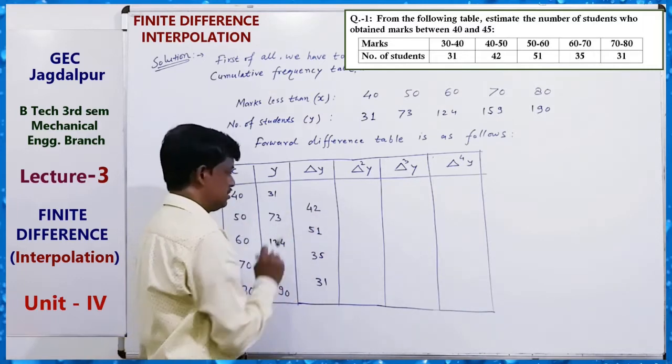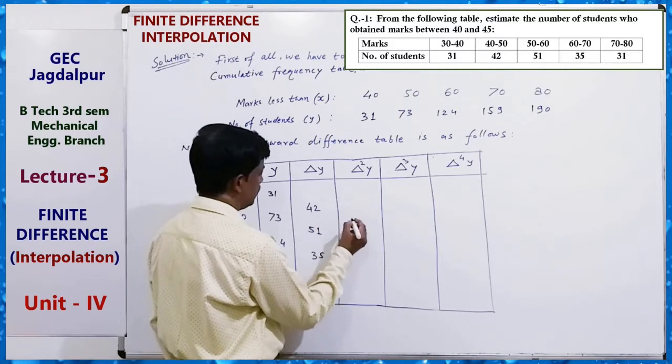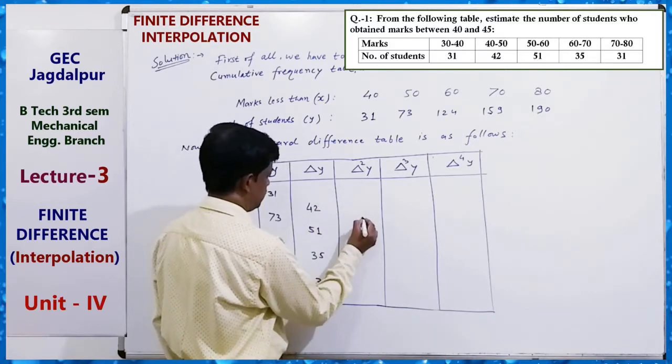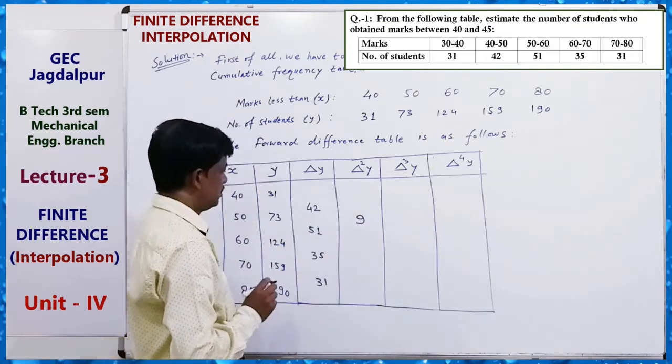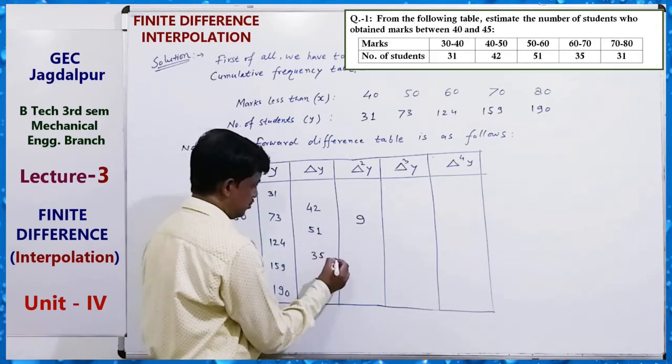Now this minus this means 51 minus 42, which is 9. Okay? Then this minus this, 4.